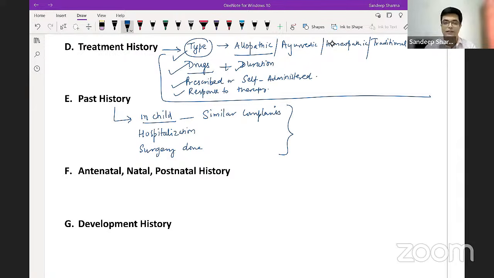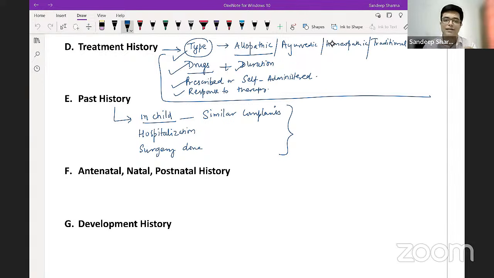For example, there is a child who has now come to you with features of congestive cardiac failure. Now you're thinking of CCF in the patient, but if there is a history of joint pains, sore throat, rash appearing on the body a few years back, you will think that probably the child had rheumatic fever in the past, and now the child is having a rheumatic heart disease manifesting as valvular involvement leading to CCF in the patient.